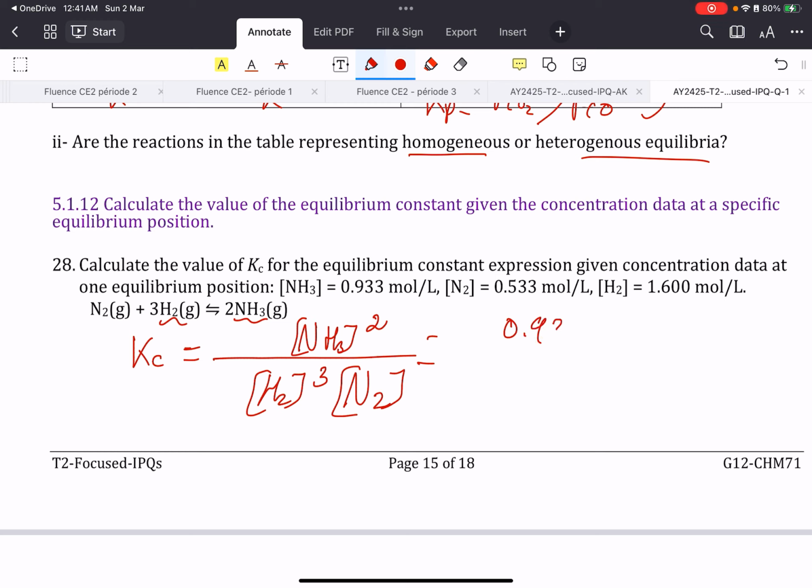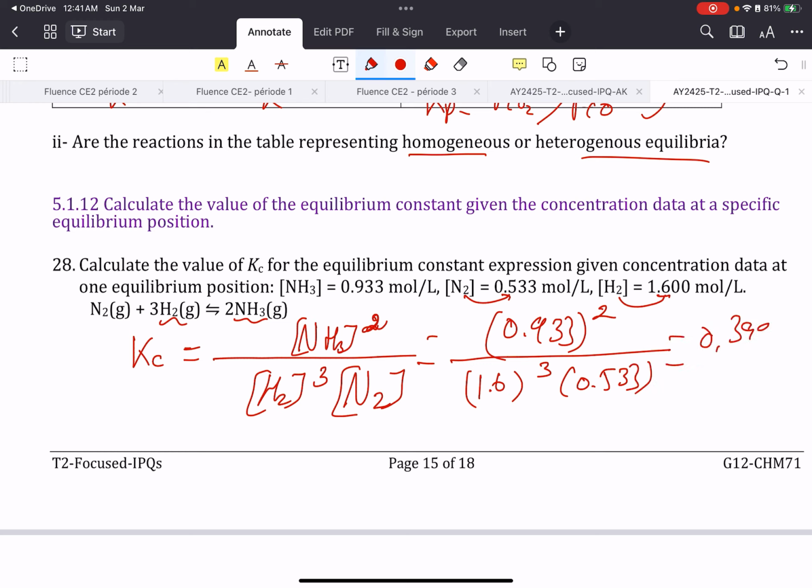So NH3, be careful when you do the calculations if there is a concentration raised to a certain power, not to forget this in your calculator. Here's hydrogen 1.6 cubed, and here's nitrogen. So after plugging this into your calculator, it is 0.4.